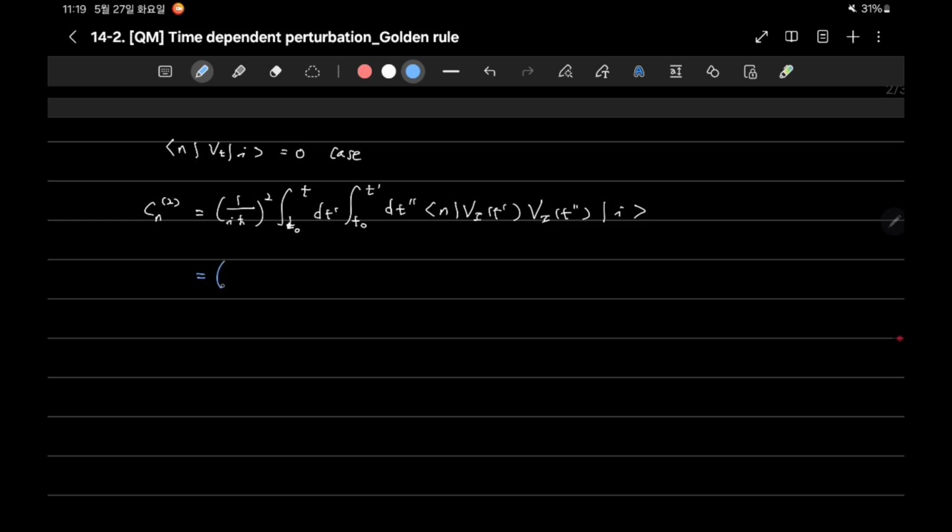Then this one can be calculated as 1 over (iħ)², the integral from t_0 to t, dt', the integral from t_0 to t', dt_2', with a summation over m, ⟨n|V_I(t')|m⟩⟨m|V_I(t_2')|i⟩.